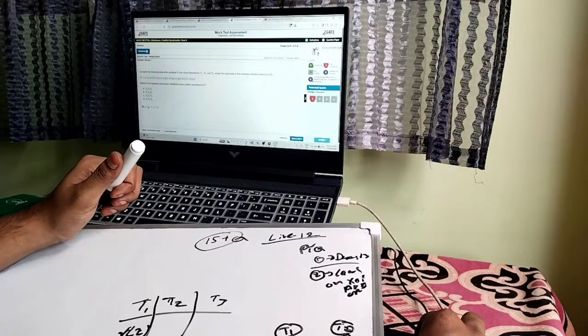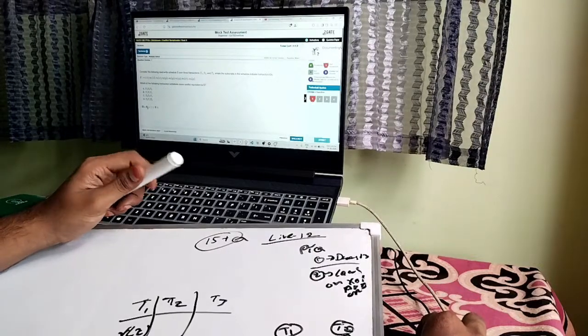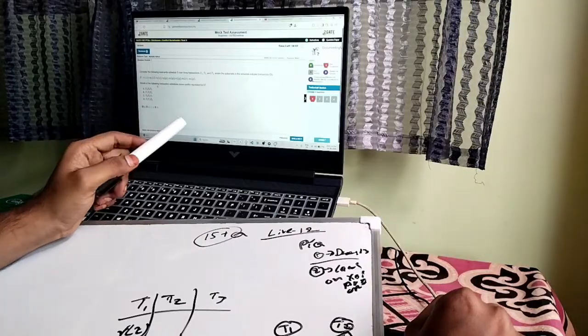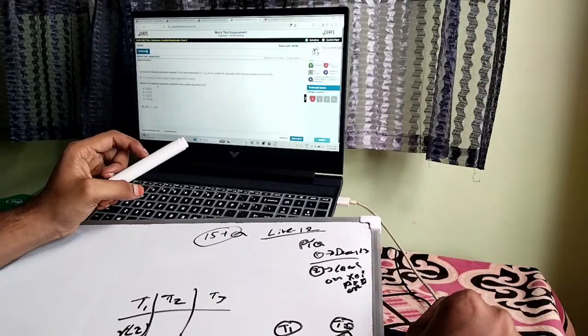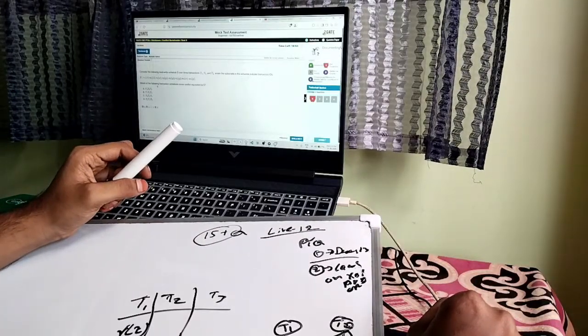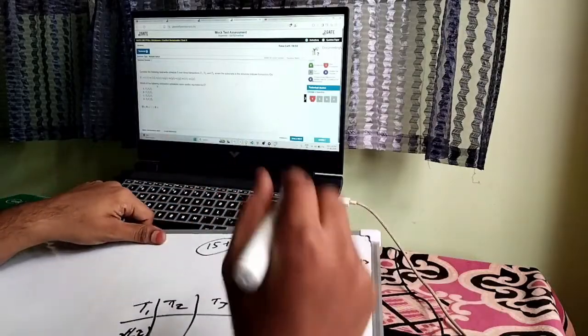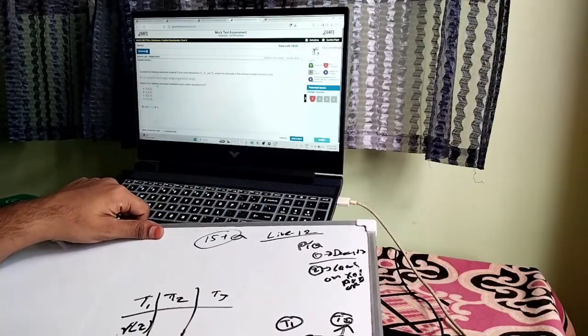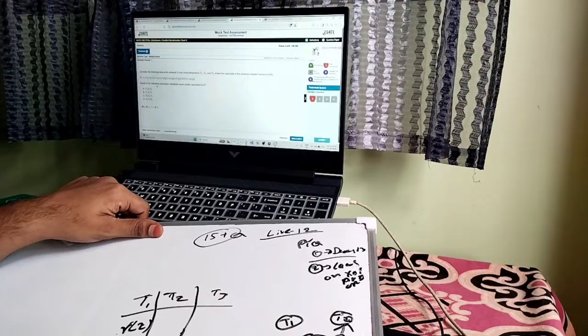Complete one, the answer. I think I have a doubt about this conflict sequence. What we know is that conflict means cycle. If it forms a cycle, it is not conflict serializable.